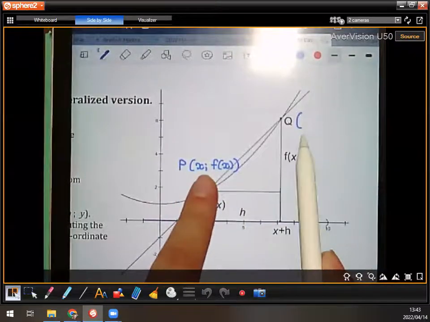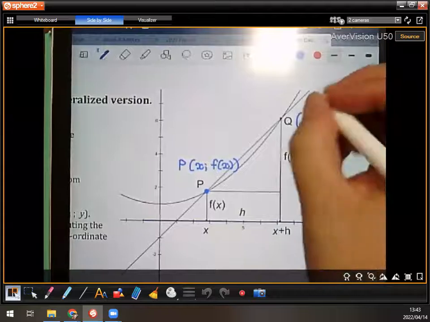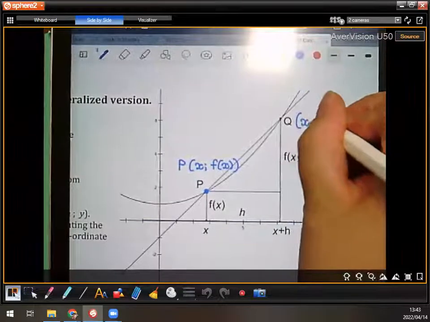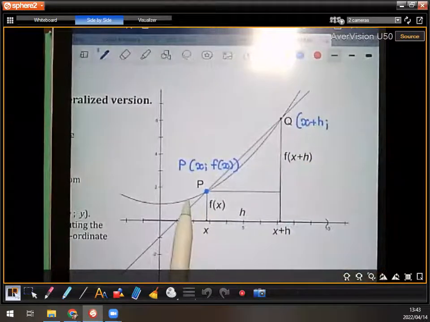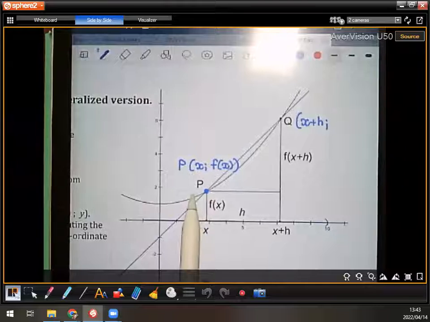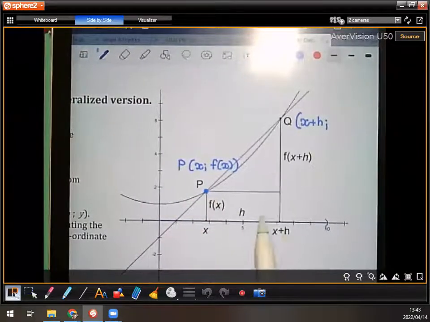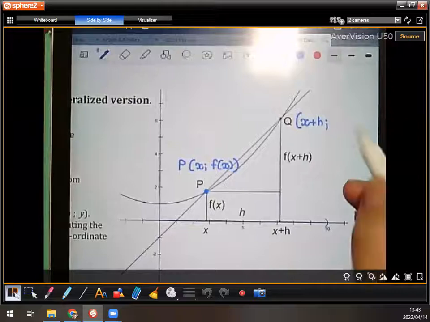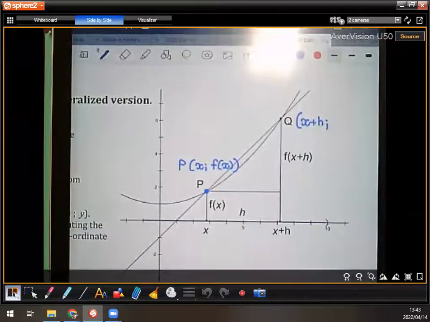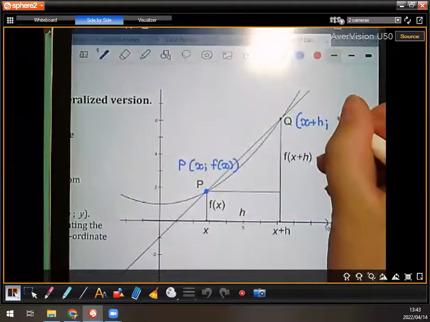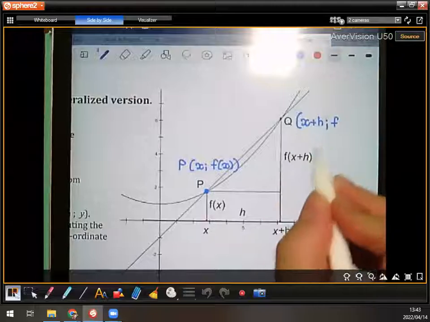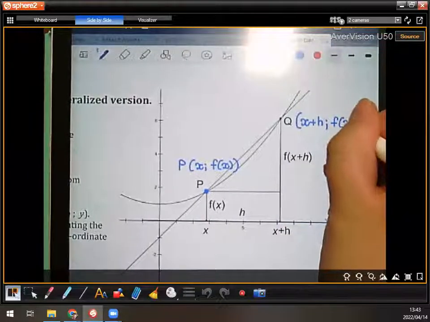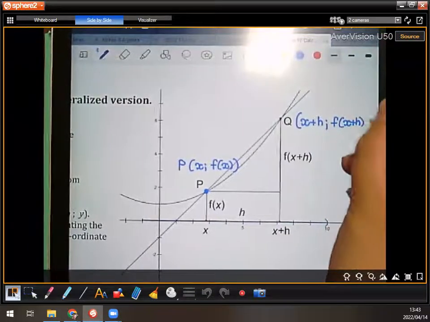What is the x value of Q going to be? X plus h. Right, so that is the original x value, the value of P, but I'm now adding a distance to it. Okay, whatever that distance is. That distance is represented by h. How would I then find the y value of that function? If the x value is x plus h, the y value is going to be f of x plus h.